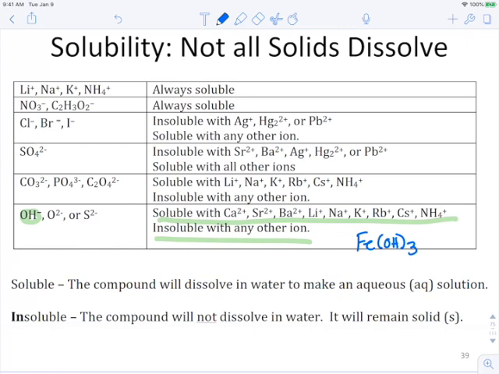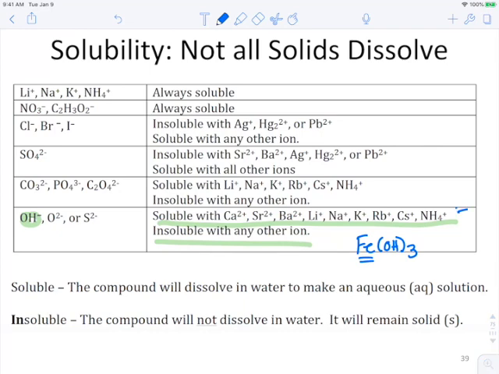So if we are looking for iron hydroxide, would you all agree that there is no iron in the top one? Okay, so these are the only ones that are soluble. Since iron is not there, we are looking right over here. So this is insoluble, so it becomes a solid.